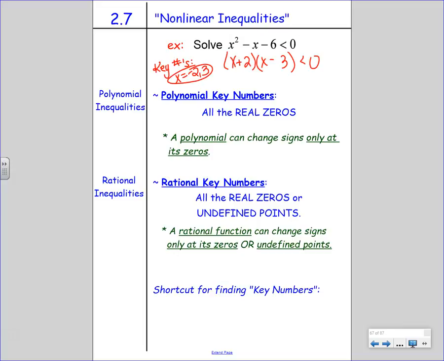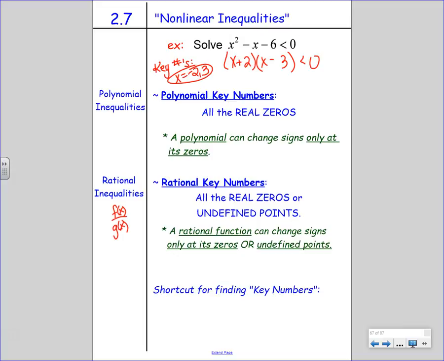For a polynomial, we're going to find the zeros. And for a rational, you guys know the rational is like the f over g. For a rational, we're going to find two things: zeros and undefined. Now, undefined, we haven't talked about tons. It's the same thing as discontinuities, the same thing as places where the denominator is 0.